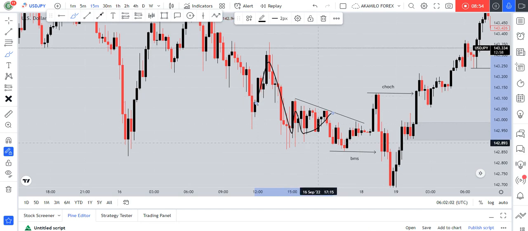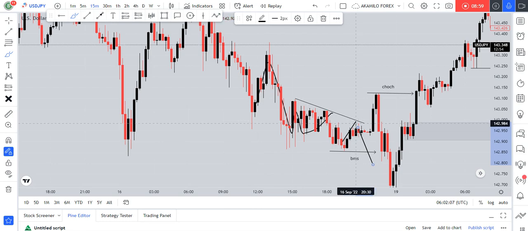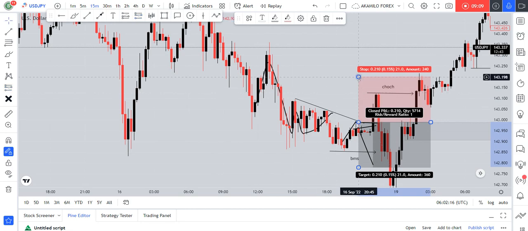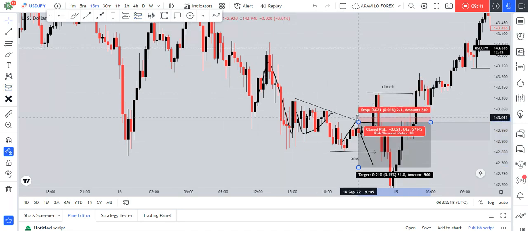Anytime price comes and bounces there, it moves. Traders will then use this trend line as their confirmation to the downside. They'll take positions there, and their stop losses will be just above the trend line.